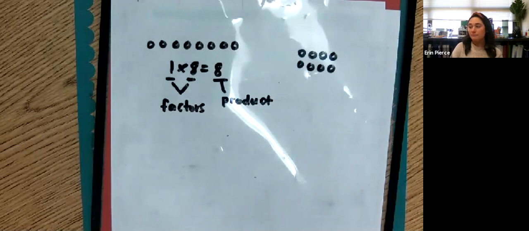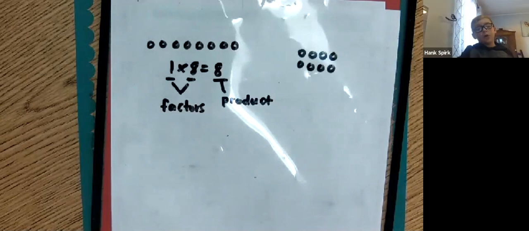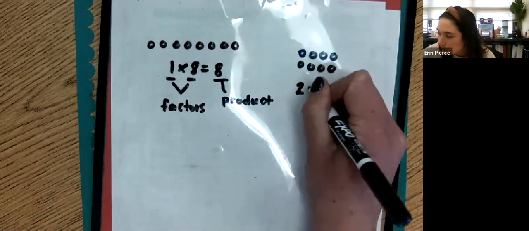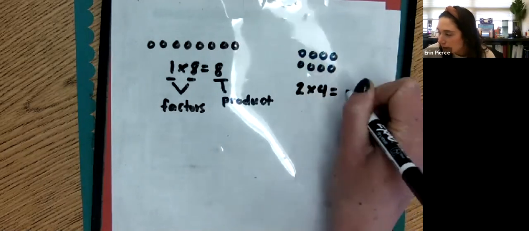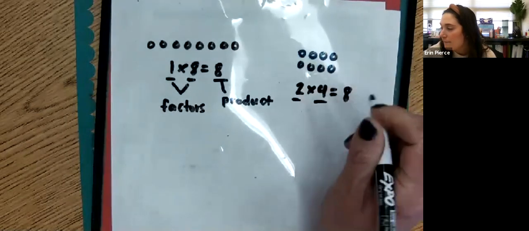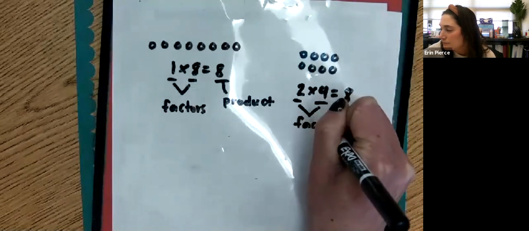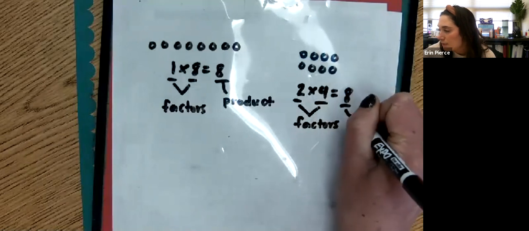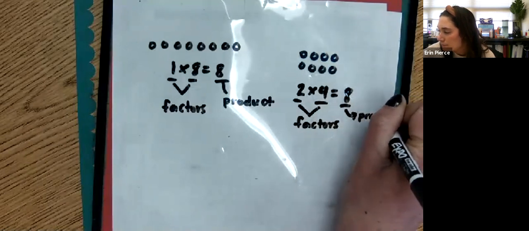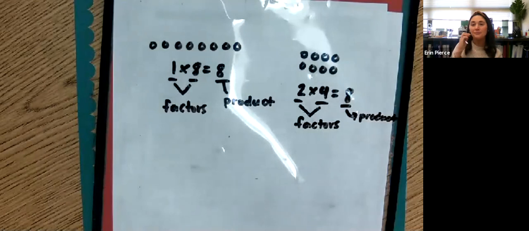Hank. 2 times 4 equals 8. So these are my factors. This is my product. Okay? Those are my factors. This is my product. Okay?